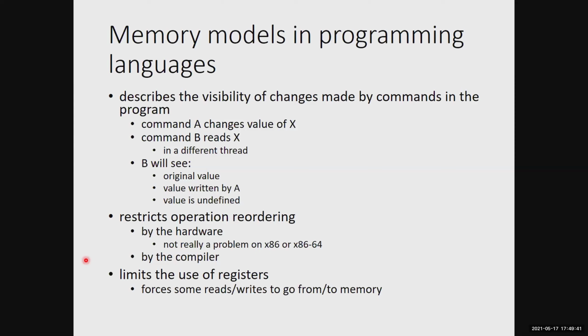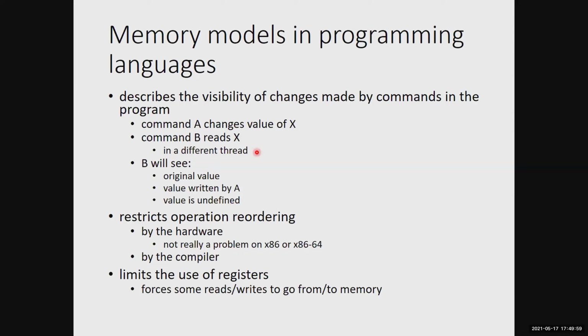So in a programming language, what the memory model mostly does is describe the visibility of changes made by the commands in the program. Let's say we have a command A, which changes the value of X, and command B, which reads the value of X, possibly in a different thread.